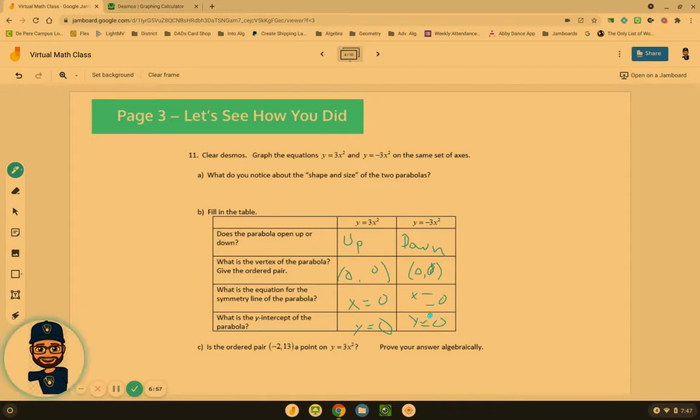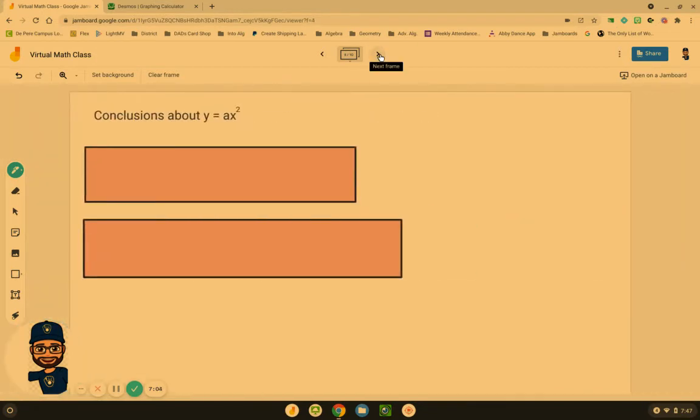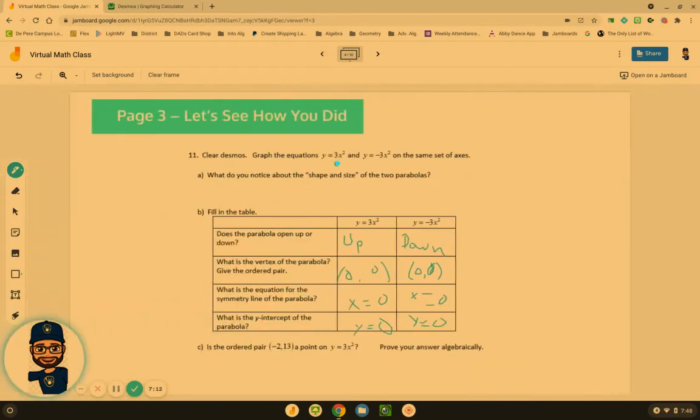And therefore, I'm hoping we can make a conclusion about what happens with this number that is out front, this a value. Okay, so whenever we refer to the a value, we're talking about the number directly in front of the x squared, 3x squared, or negative 3x squared.